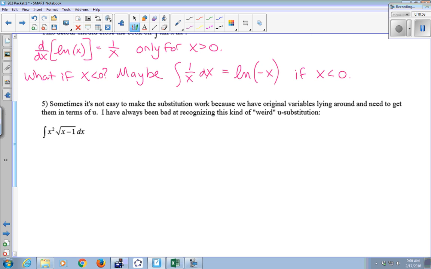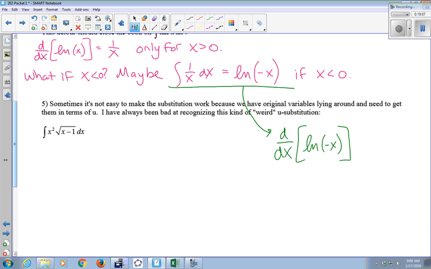If this is true, that means we have to check, is the derivative of the ln of negative x, does it actually give me 1 over x back? Well, the derivative of the ln of some stuff is 1 over the stuff, and then times the derivative of the stuff. What's the derivative of negative x? Negative 1. My negatives cancel, and I just get 1 over x.